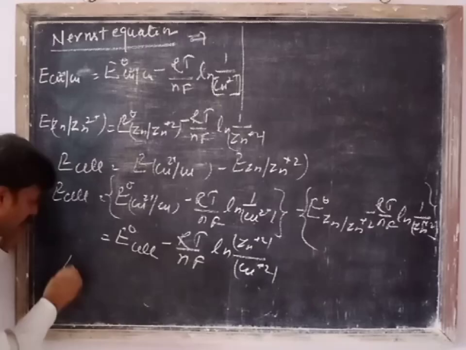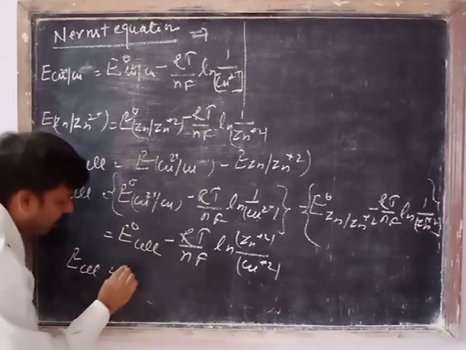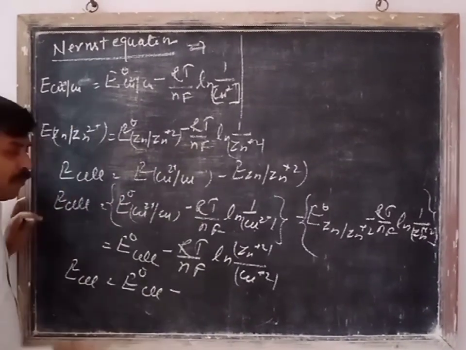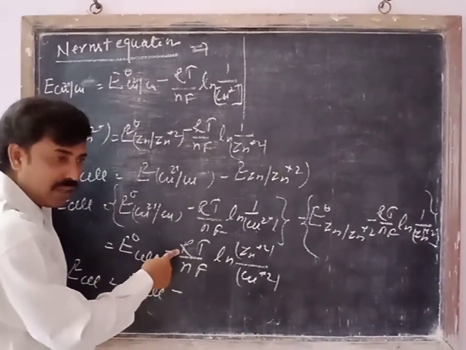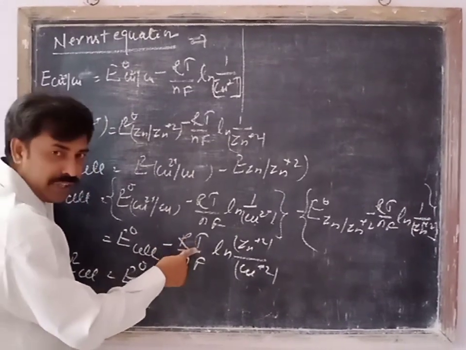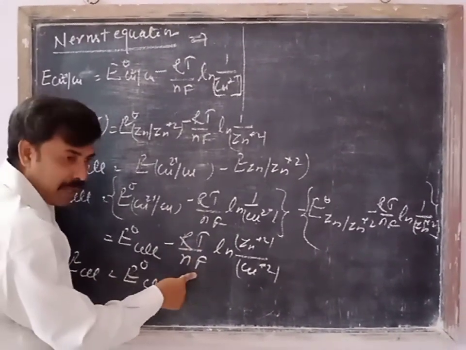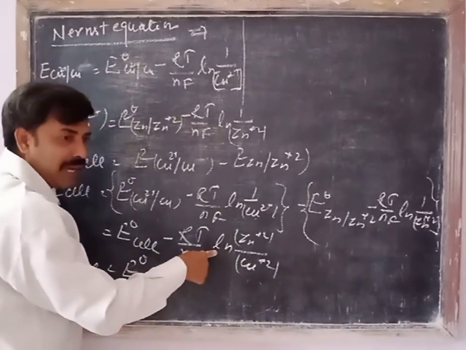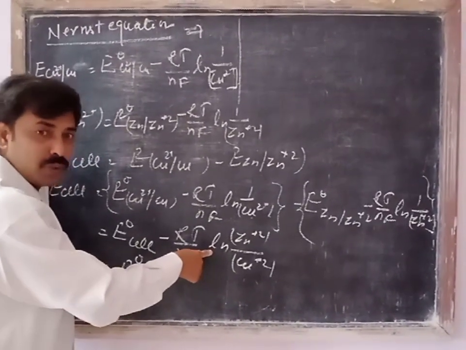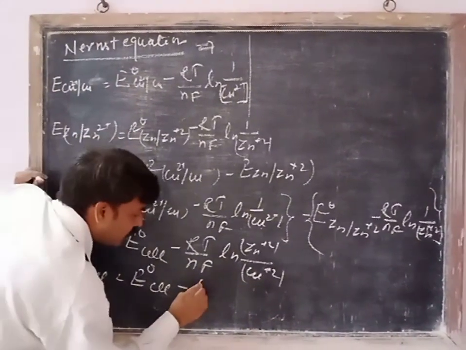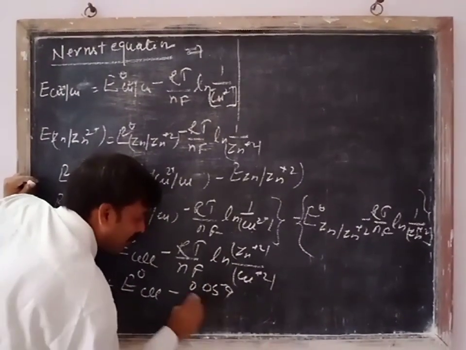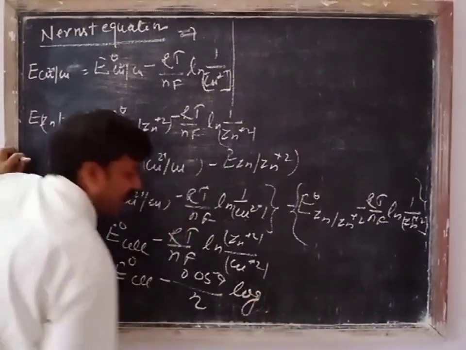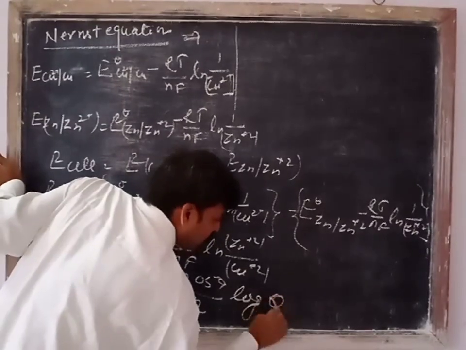Now E cell equals E° cell minus, by putting the value of R, that is 8.314, T, the standard temperature, F, the Faraday constant 96487, and the conversion factor from ln to log base 10, that is 2.303, we find 0.059/n log Qc.